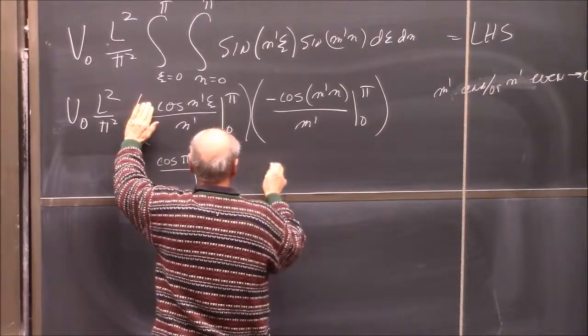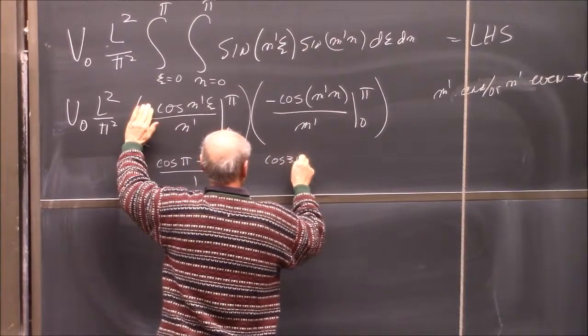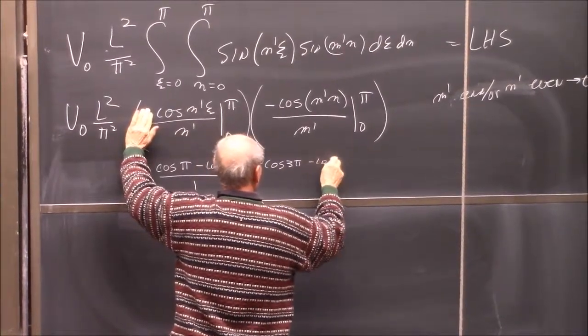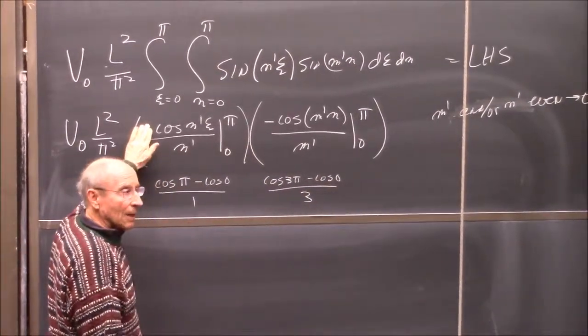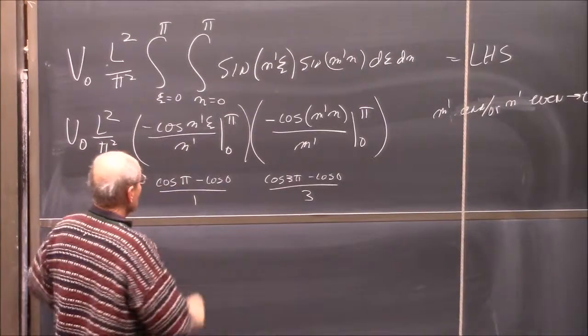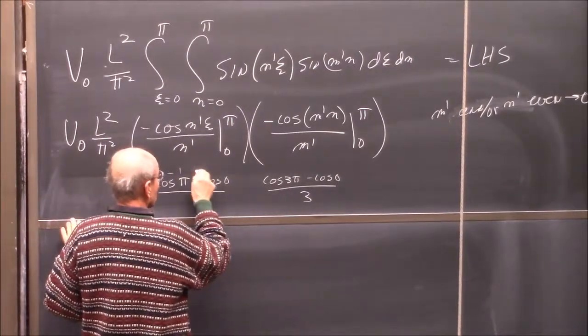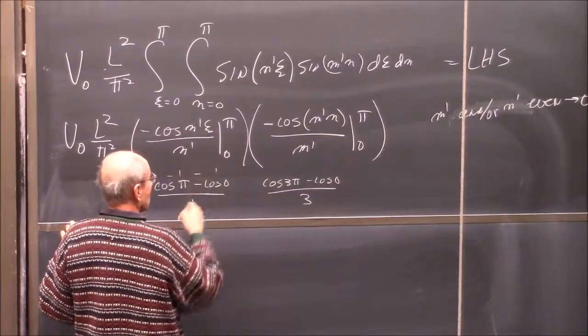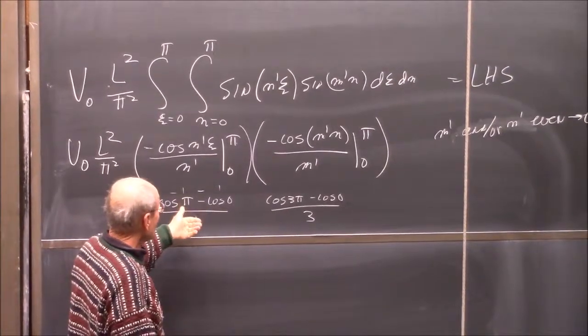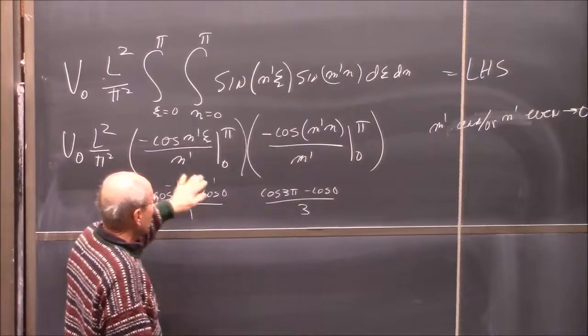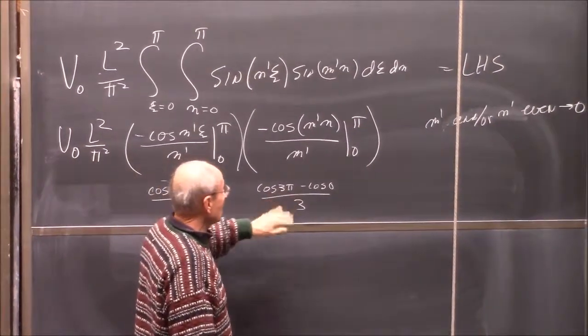Or if it had been 3, it would have been the cosine of 3 pi minus the cosine of 0 divided by 3, and so on. Now that's minus 1, that is 1, and so what you get is minus 2 divided by 1, which is just minus 2. And the same thing is here.